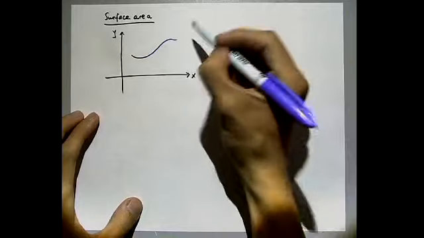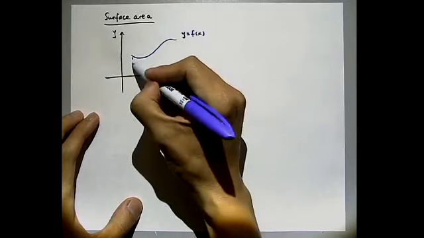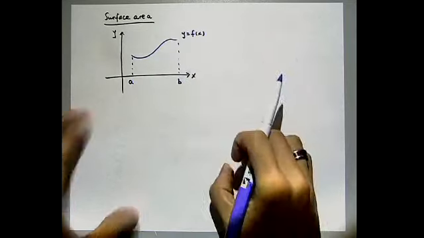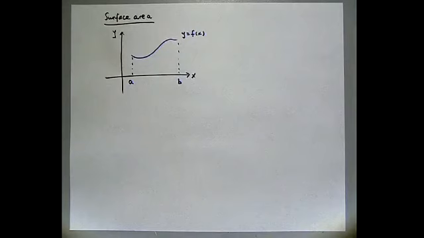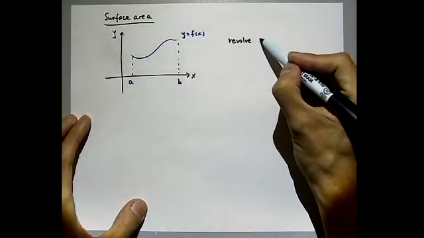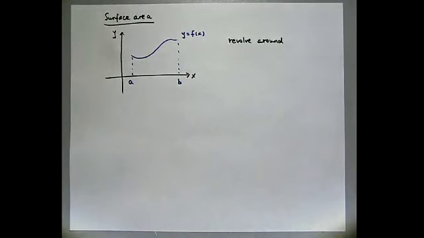So now imagine we have the same curve, and we'll consider that curve from A to B. And now let's go back to the revolution thing.